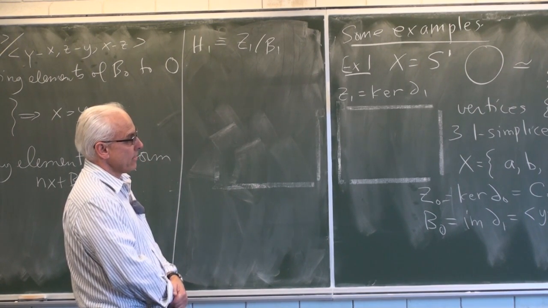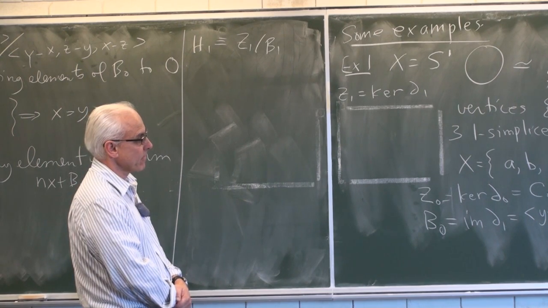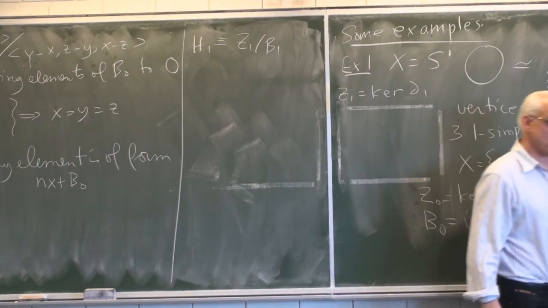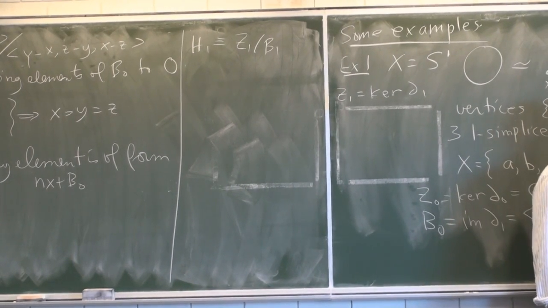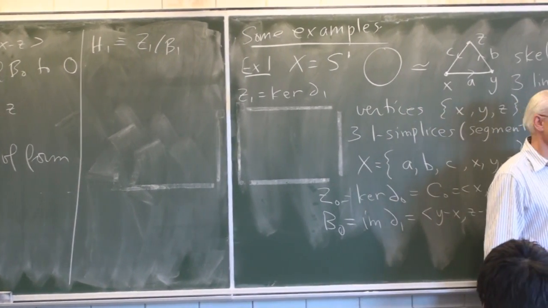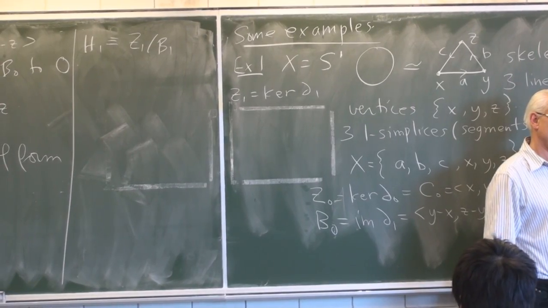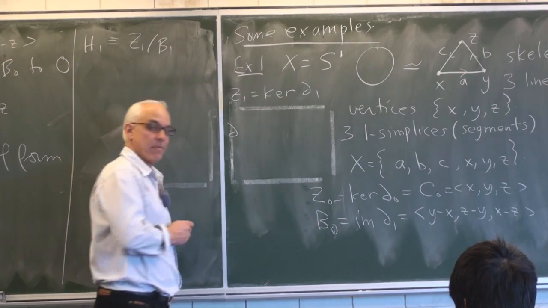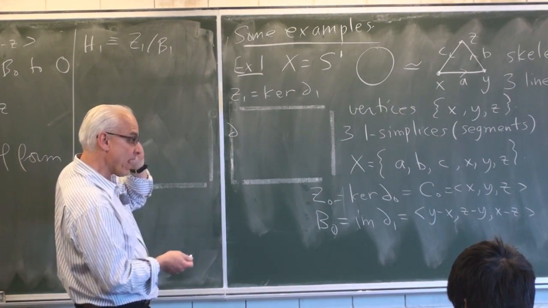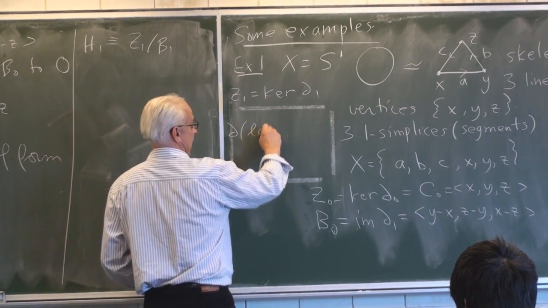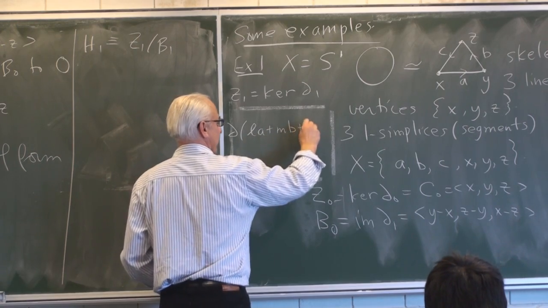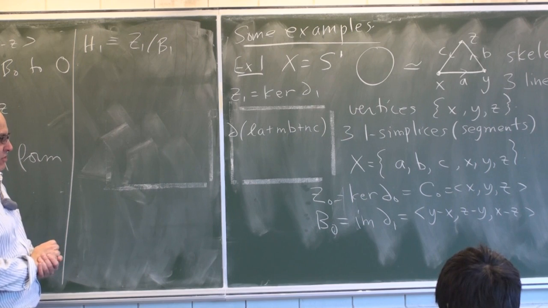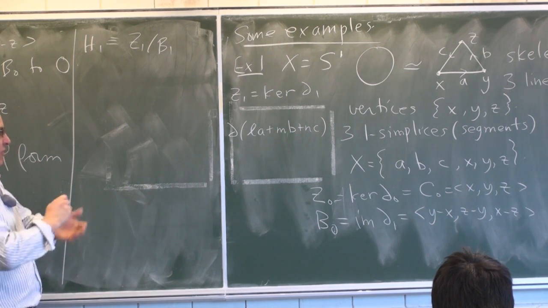Well, which combinations of A, B, and C get sent to 0 under the boundary map? We can calculate that by computing the boundary of a typical combination, say lA plus mB plus nC. There's a typical one-chain. What's the boundary of that?